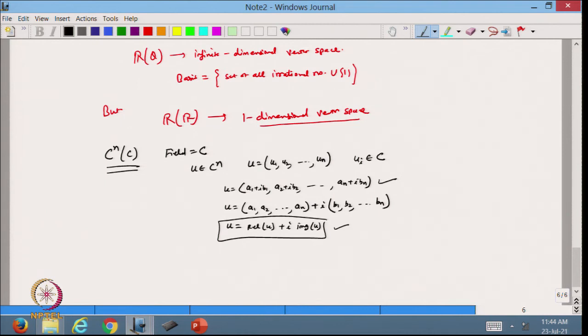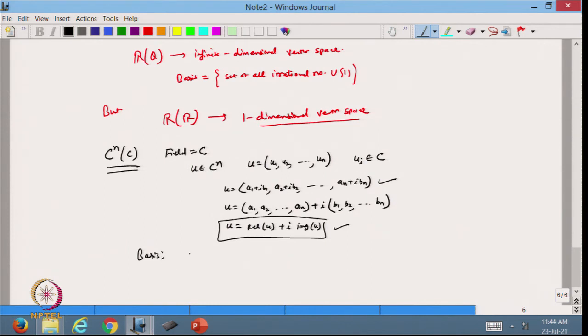Now, we can define its basis. So, I know that if I want to define the basis of this one, I just talk about the standard basis. So, it is n dimensional.